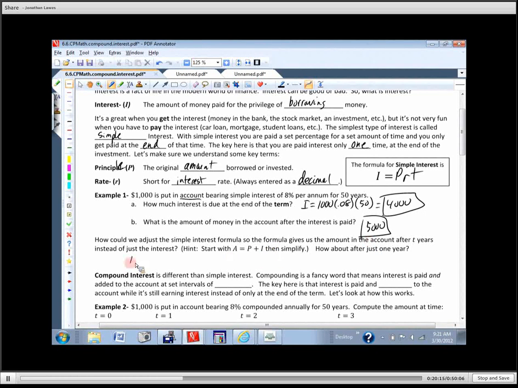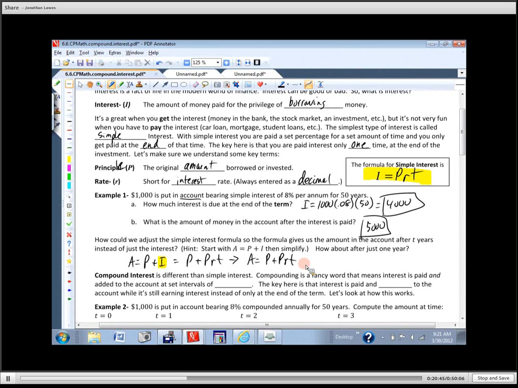The amount in the account would be the original principal plus the interest. Well, let's take this formula for interest and put it right here. So this is going to be P plus, what's the interest? PRT. So we could write this A equals P plus PRT.